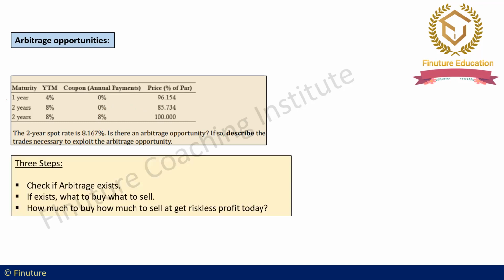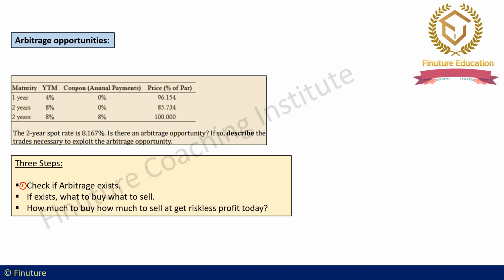So the method to deal with this kind of question, you can just say it's three steps. Step one, check if an arbitrage opportunity exists. It's important to know if at all it exists. If it doesn't exist, the rest of the steps will not apply. Second, if it exists, which one will you buy and which one will you sell?